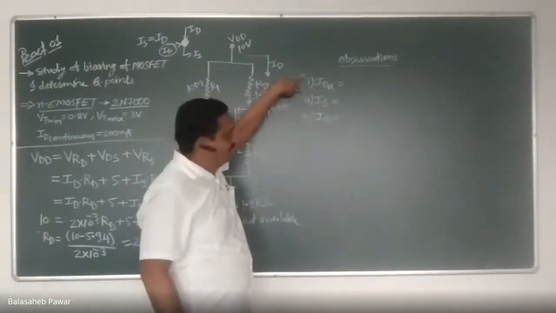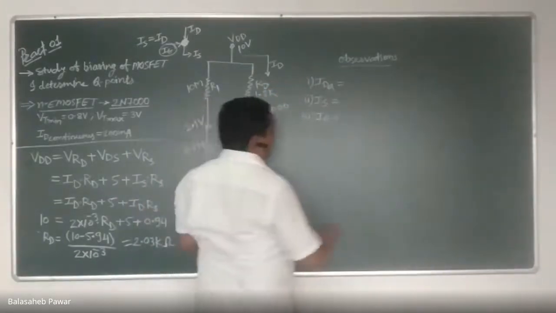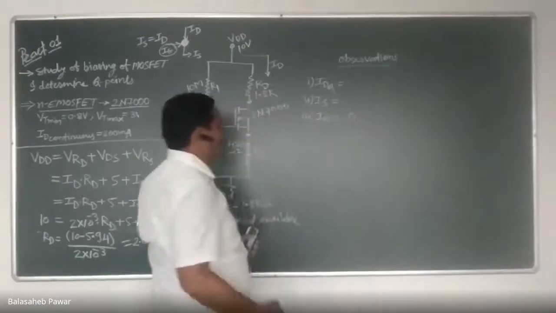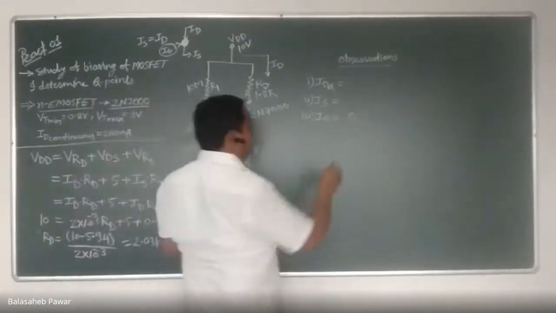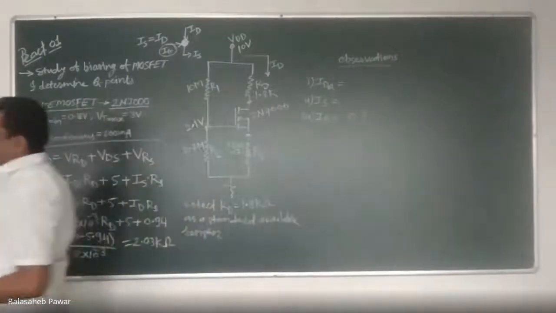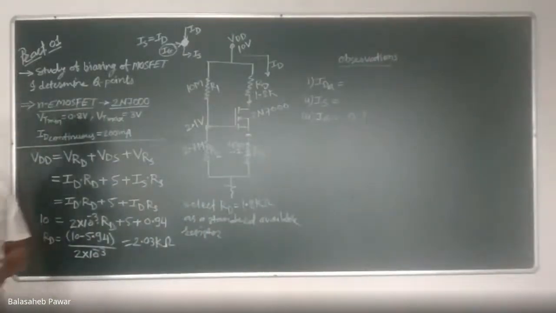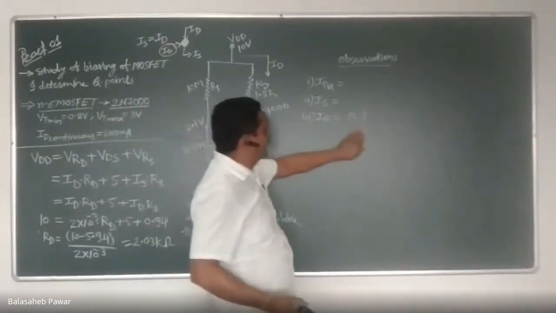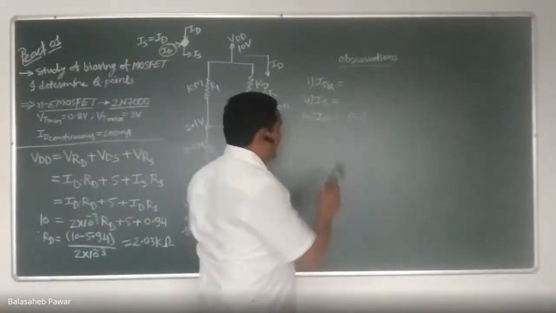Correct now? When you measure IG practically, you will observe that IG is 0. So really it is okay. Yes, because of that SiO2, we know that gate current always remains 0. And that's why practically again the same thing you will observe, that you have to verify.